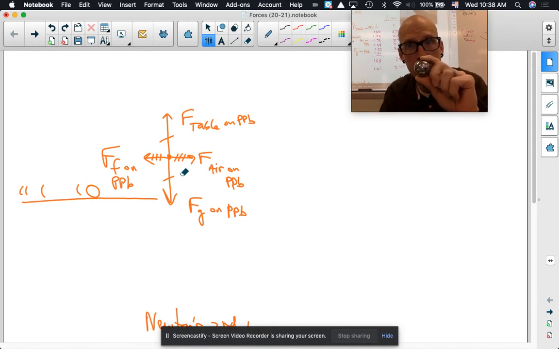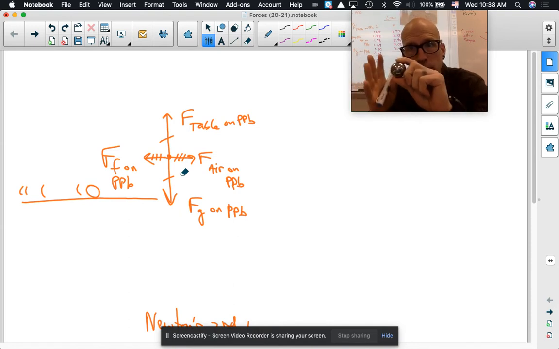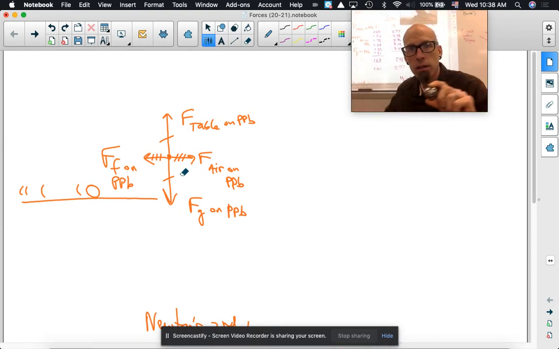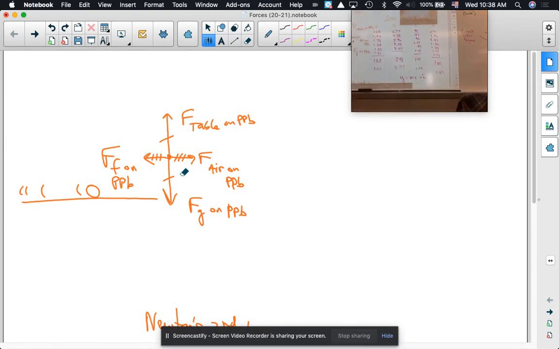Way bigger than it was for the ping pong ball. And when I turned the fan on high, and it was able to change the motion of the ball bearing, then that means our force of air now is even bigger than it was because now the fan's on high.